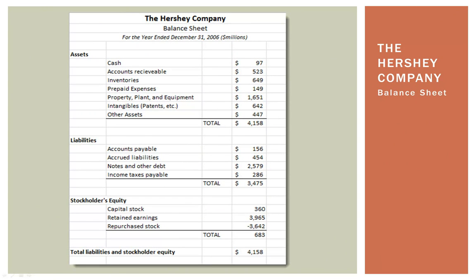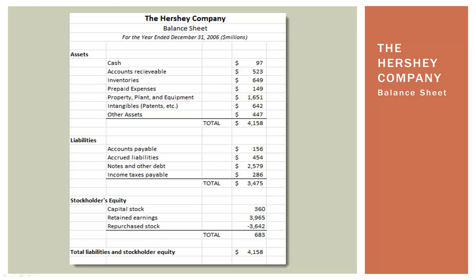So let's go ahead and look at a company's actual balance sheet. And this is the balance sheet from the Hershey company that makes all the candy bars and everything we love, from the year that ended December 31st, 2006. And you'll notice they have three sections. They have an assets section, a liabilities section, and a stockholders equity section.